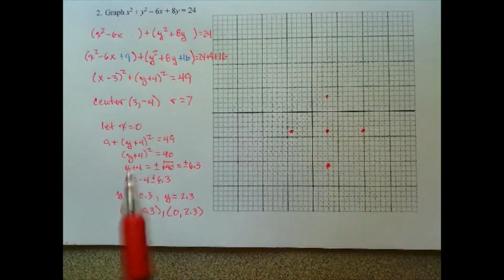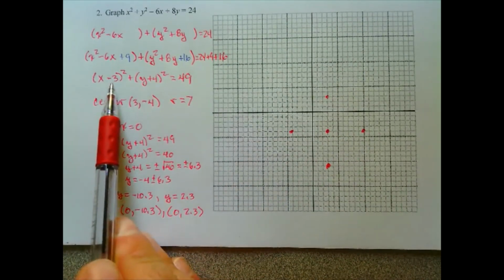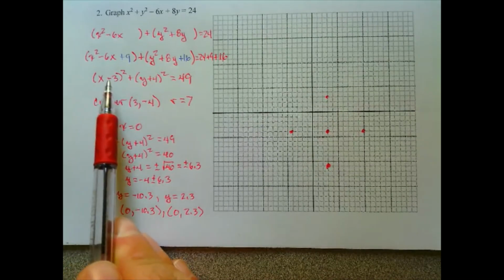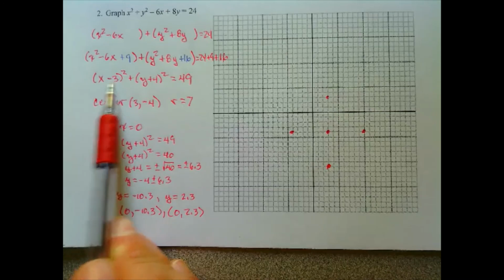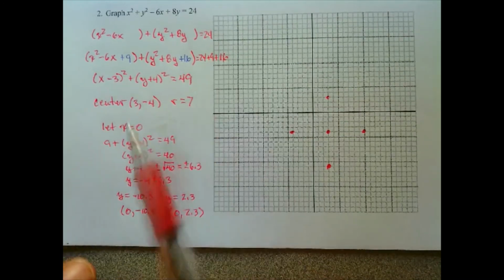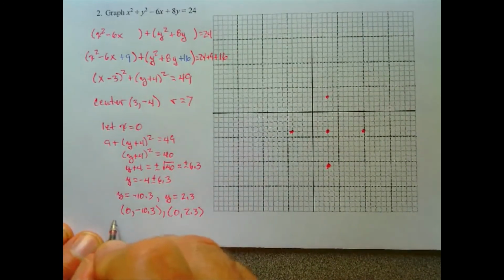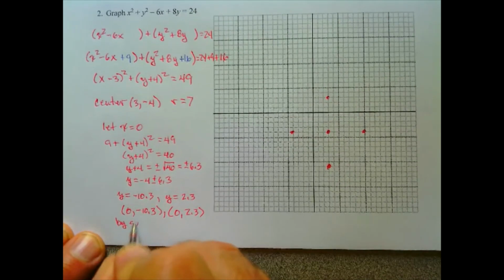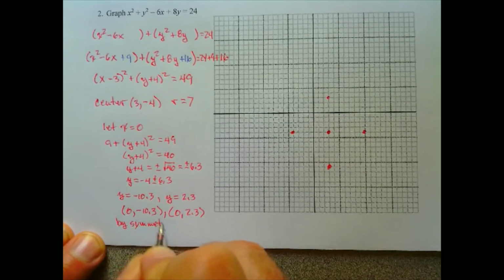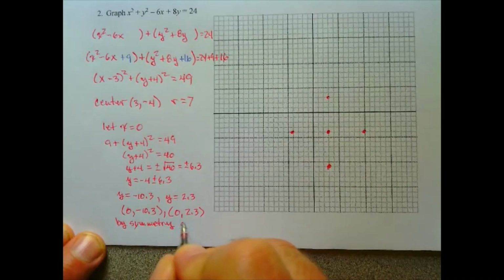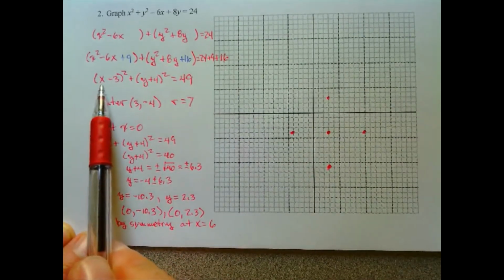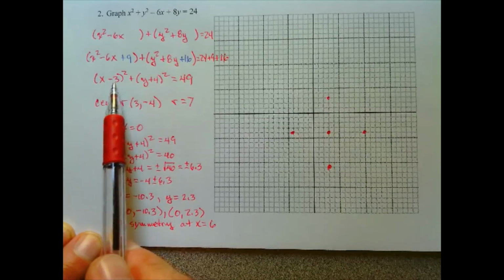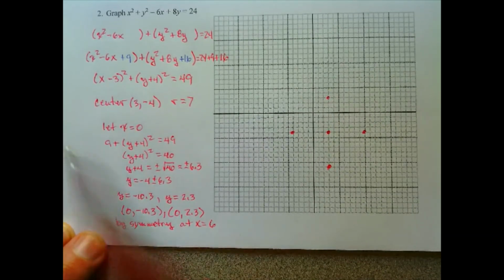Now, basically, I went 3 to the left for x. In other words, from the center point, which was at 3, I went to 0. So the same thing has to be true by symmetry at x equals 6. Because at x equals 6, I'll have 6 minus 3, which is 3, 3 squared, and I'm back to the 9.